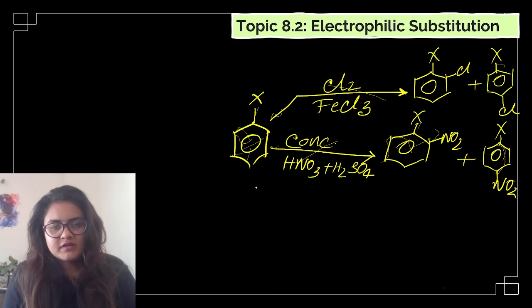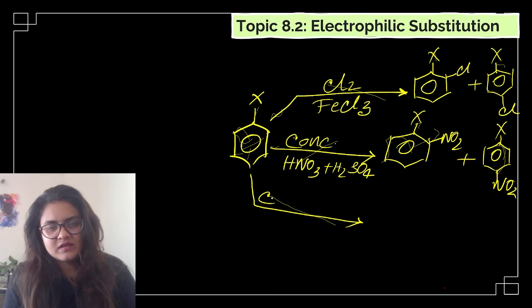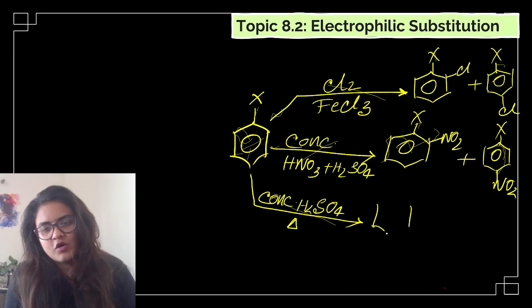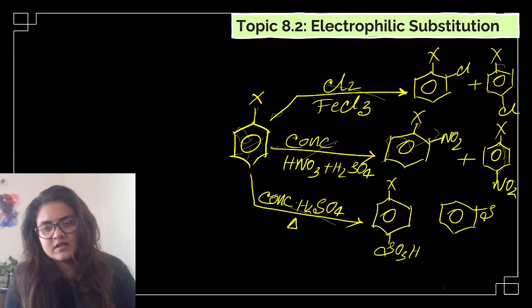Now I can do sulfonation. For sulfonation, I can simply give concentrated H2SO4. If you give concentrated H2SO4 and heat the system, again you will get ortho and para substitution. So here X, here I can get SO3H, and I can get the para as well, with SO3H and X.